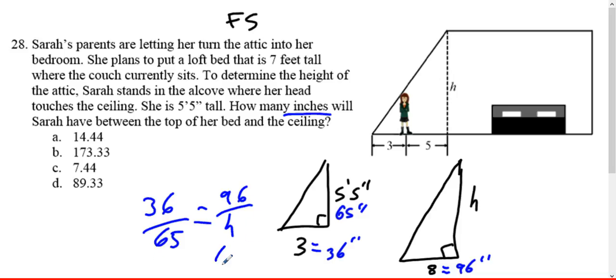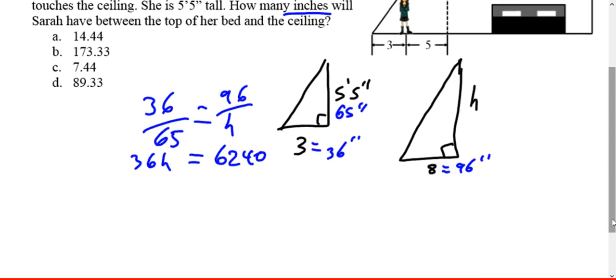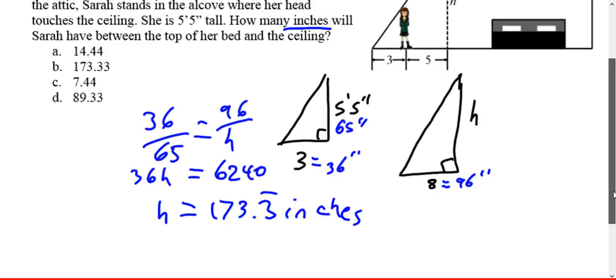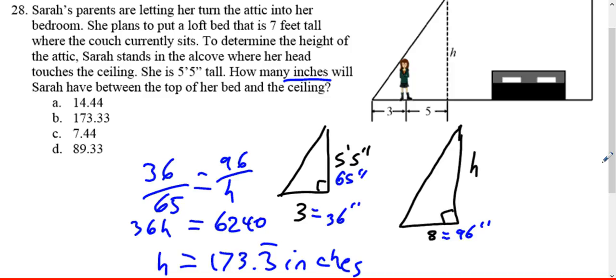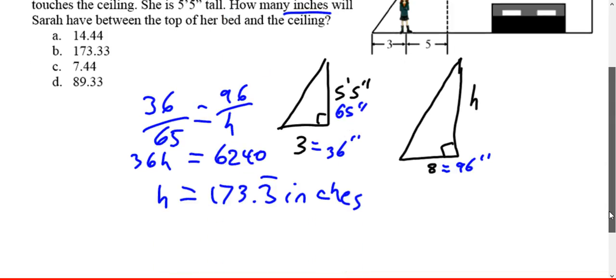So you multiply 96 times 65 equals 36H. So divide by 36, you get the height is 173.3 inches. And then it says that she has a bed that's 7 feet tall. How many inches will be between the top of the bed and the ceiling?